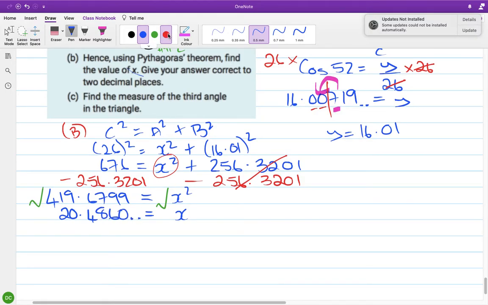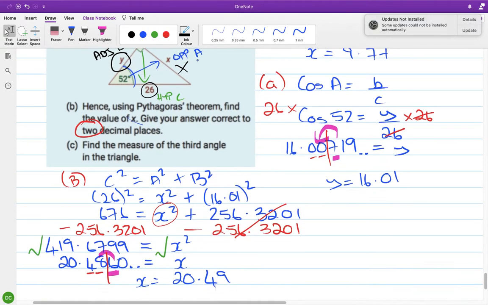Goes on again, 2 decimal places, so 1, 2, and stop. And this is big enough, so it will push, which means x equals 20.49.